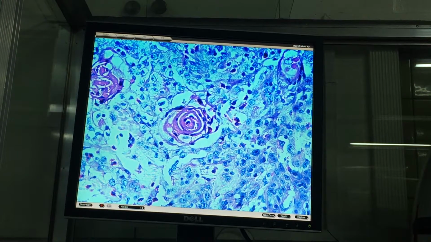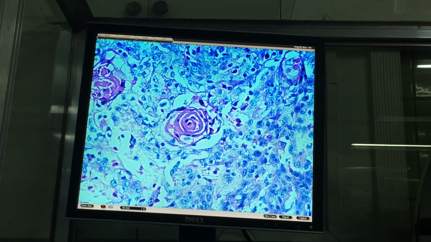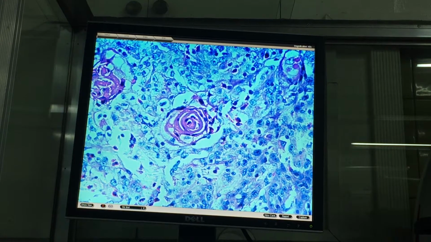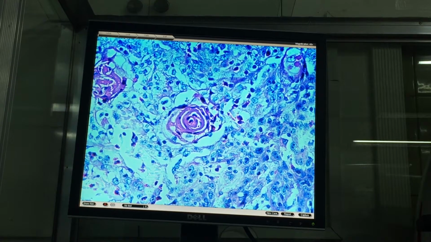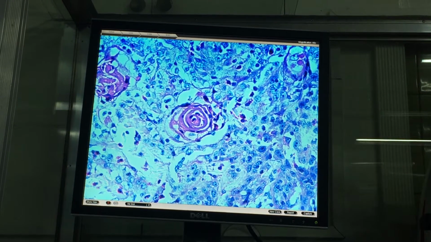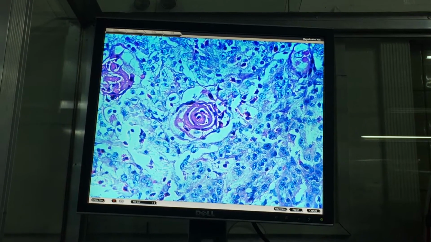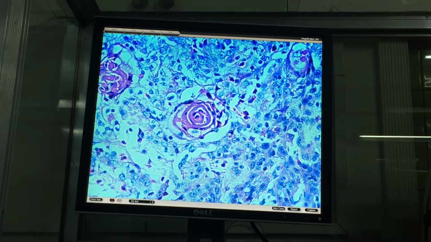The cells around it show pleomorphism, meaning different sizes and shapes, with nucleoli. So atypical cells around, but in areas you see keratin pearl formation. That gives away the diagnosis of squamous cell carcinoma.